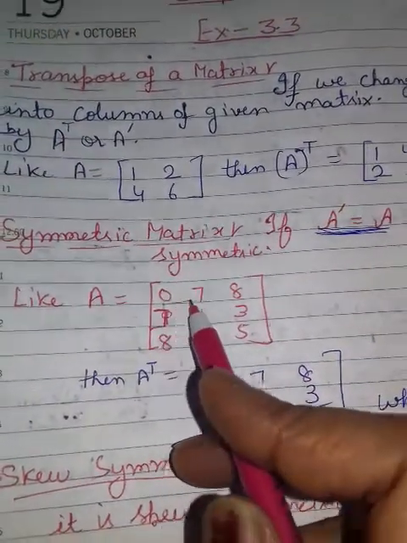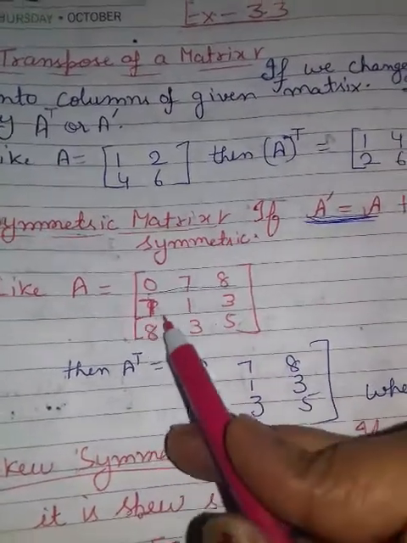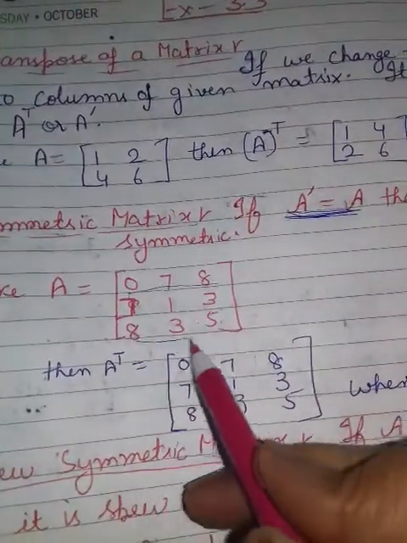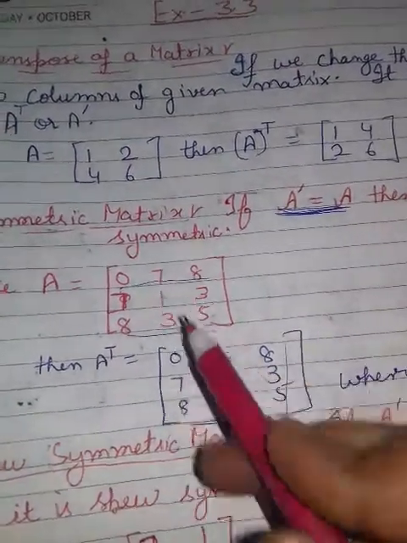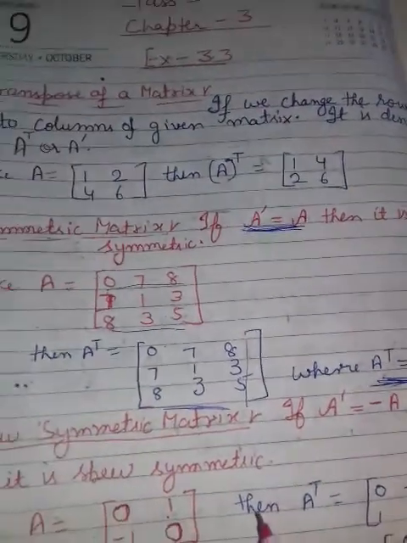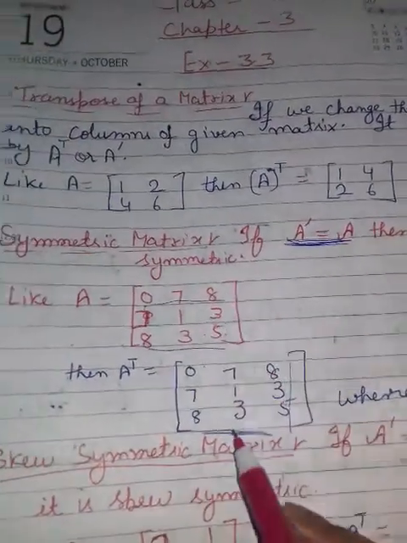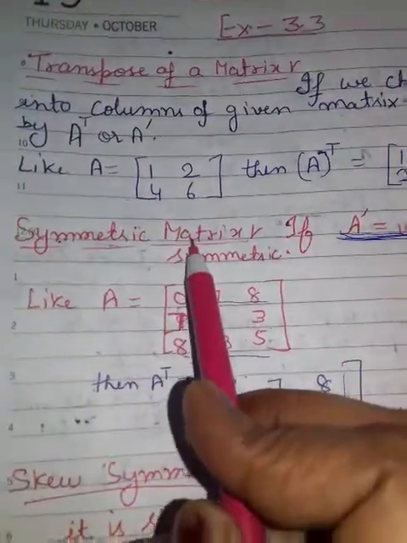Now I am shifting its rows. Its rows will become its columns. See, whenever you get the same matrix after transpose, this is known as symmetric. Means after changing rows into columns you are getting the same matrix. This is known as a symmetric matrix.